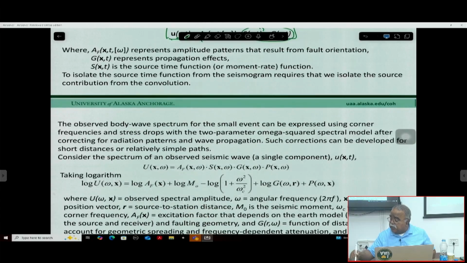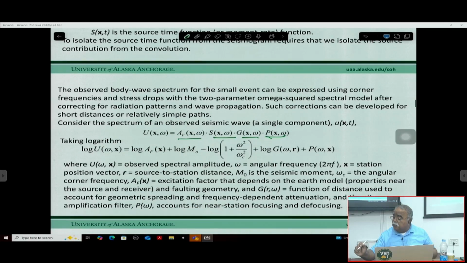If you take it in the spectrum domain, these are all multiplications, which you have read in your stochastic simulation. So there is a constant or magnitude term, then a source function, site function, and path function that you can use.